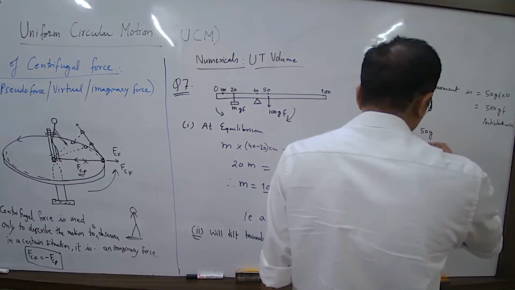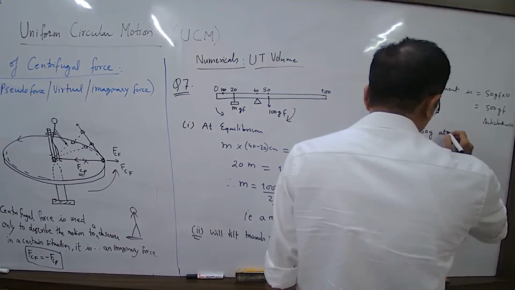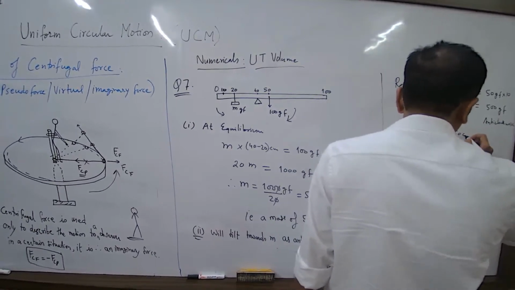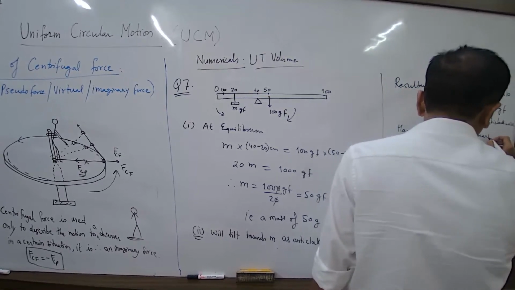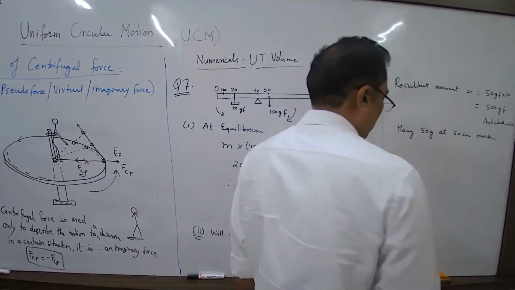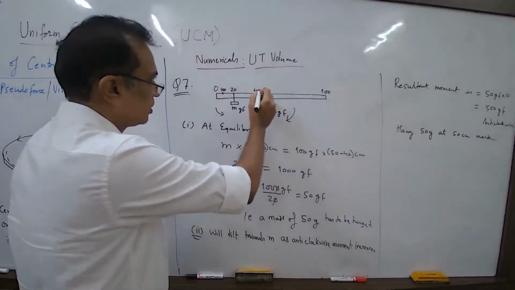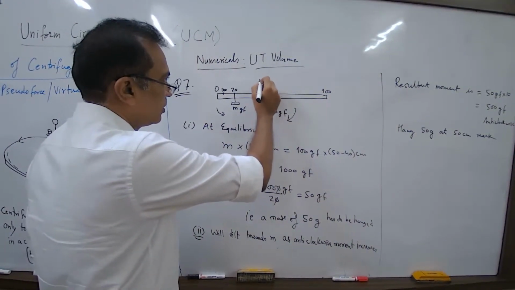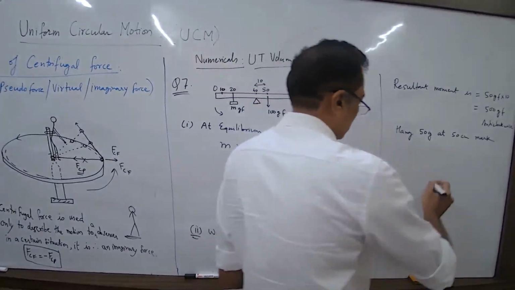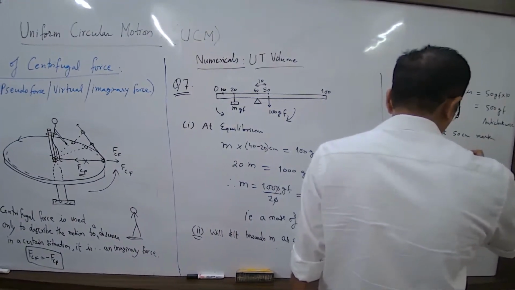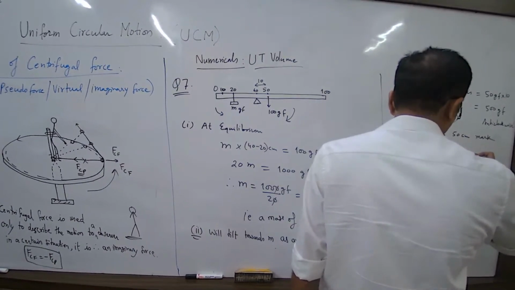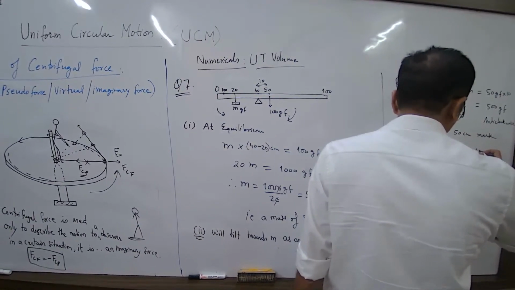50 gram at 50 centimeter mark. Right? So when you do it at 50 centimeter, you have 10 here, 10 into 50. Therefore, you have 50 gram force into 50 minus 40.